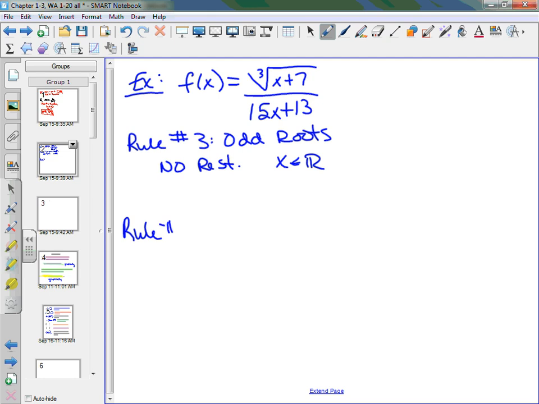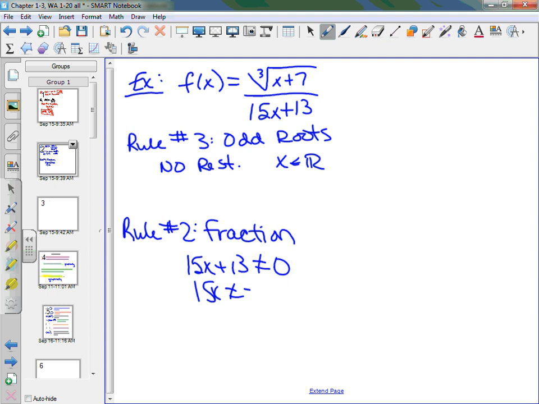Rule number 2, which is the fraction rule. So if it's the fraction rule, it's my denominator. What's that going to be? 15x plus 13 cannot equal 0, so 15x cannot equal negative 13, so x cannot equal negative 13 over 15.